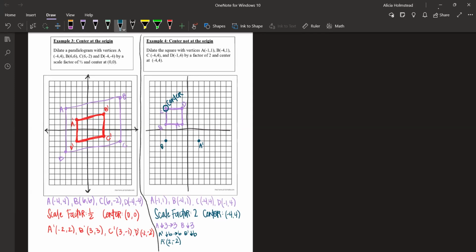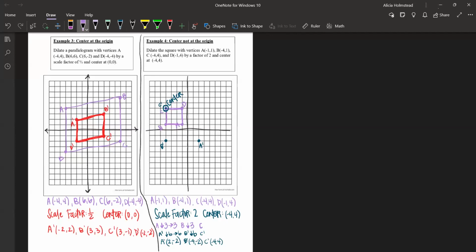Our B prime point is now located at negative 4, negative 2. C is nice because there was no change. So C prime is still going to be at negative 4, 4. It's still going to be here.